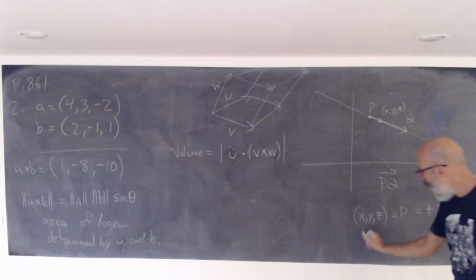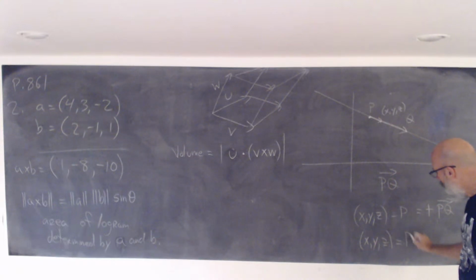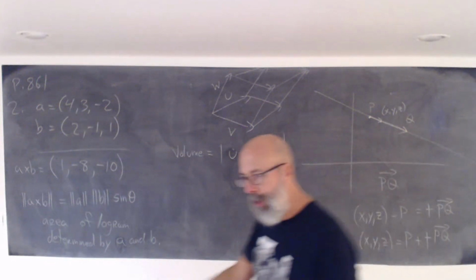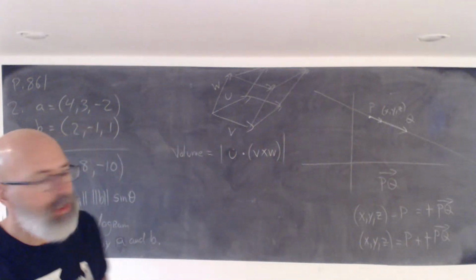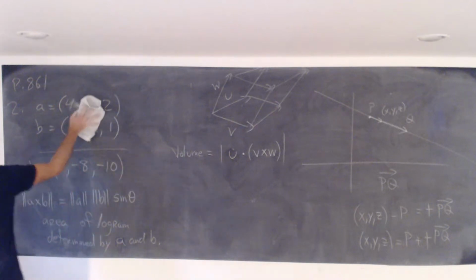So every point XYZ is P plus T PQ. This is the equation of a line in parametric form. This is how you describe lines in general.